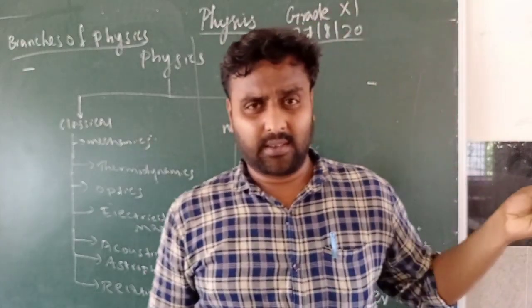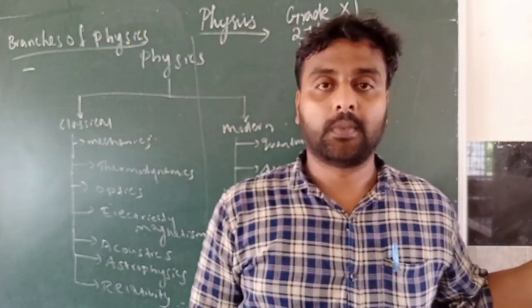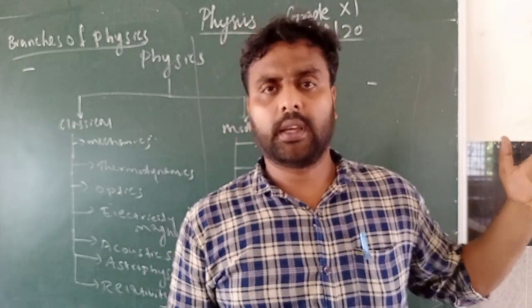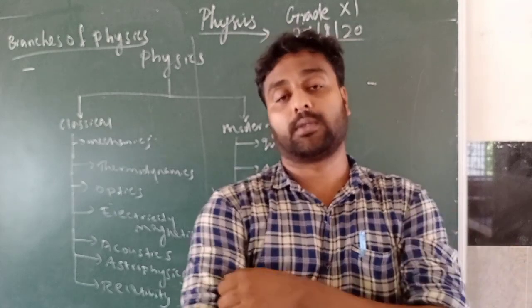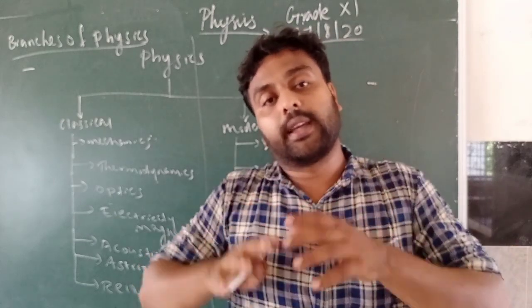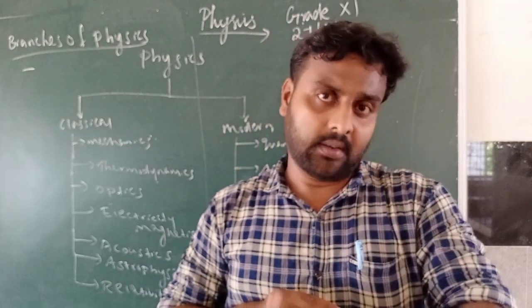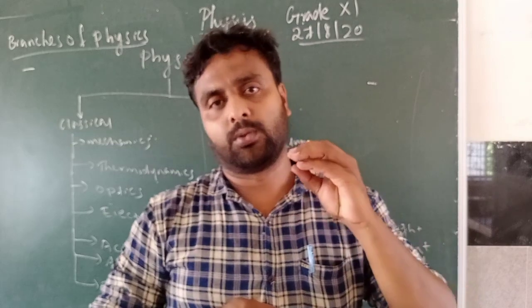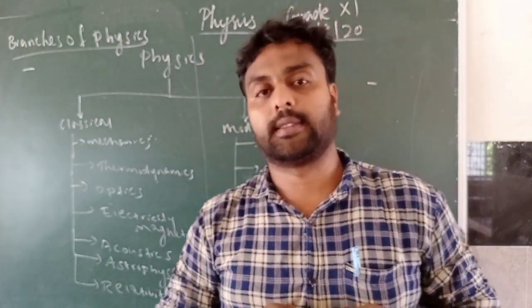Fission reaction happens in a nuclear reactor. Now, you know Kudankulam, near Nagercoil, everyone knows. There is a nuclear reactor which produces electricity by using the reaction of the nuclei of atoms. So there they are using the atom to produce electricity through reactions.